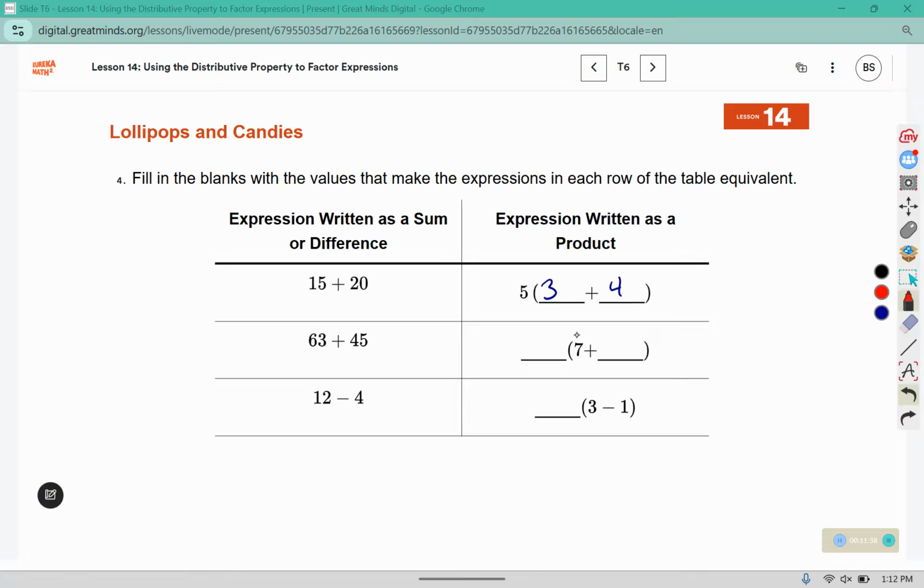Here we have 7, and we need to turn it into 63. 7 times 9 is 63. Well, then using the 9 in this position, 9 times what number is 45? Well, that would be 9 times 5.